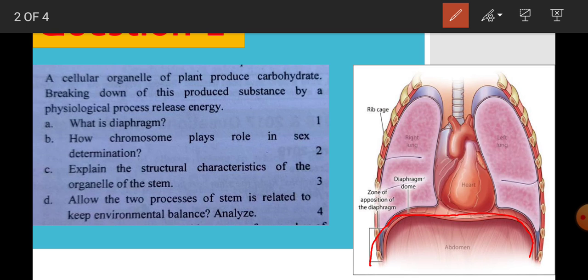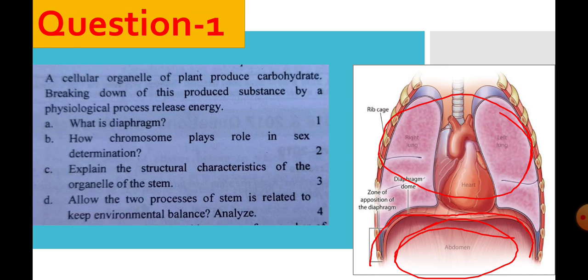The diaphragm is a muscular sheet or membrane, that is, it is composed of muscles, and it is one kind of membrane which separates the abdominal cavity, where the digestive parts are, from the chest cavity or thoracic cavity. And in the thoracic cavity there are respiratory organs and the heart. So this membrane, the diaphragm, separates the thoracic cavity, the chest cavity, from the abdominal cavity.